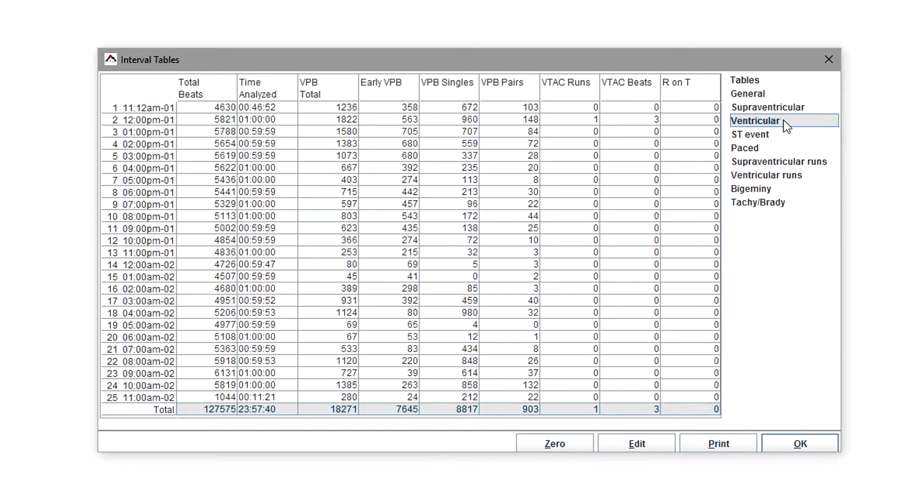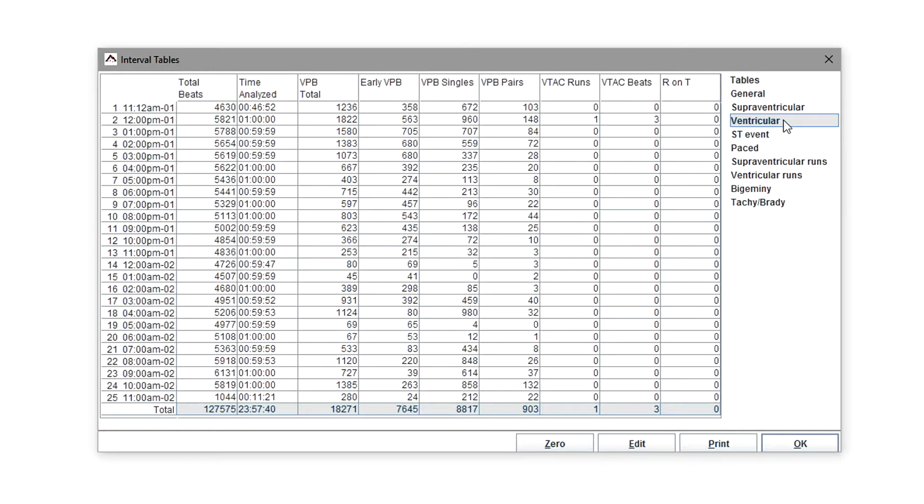Ventricular. This is an interval table that lists the time of day at the start of the interval, the total number of beats identified and counted in the interval. This excludes periods of artifact, the amount of time analyzed.